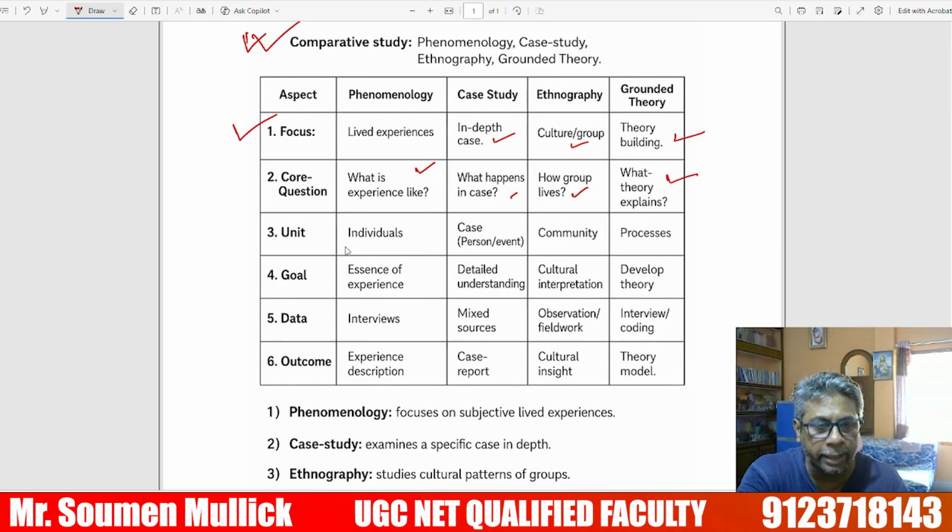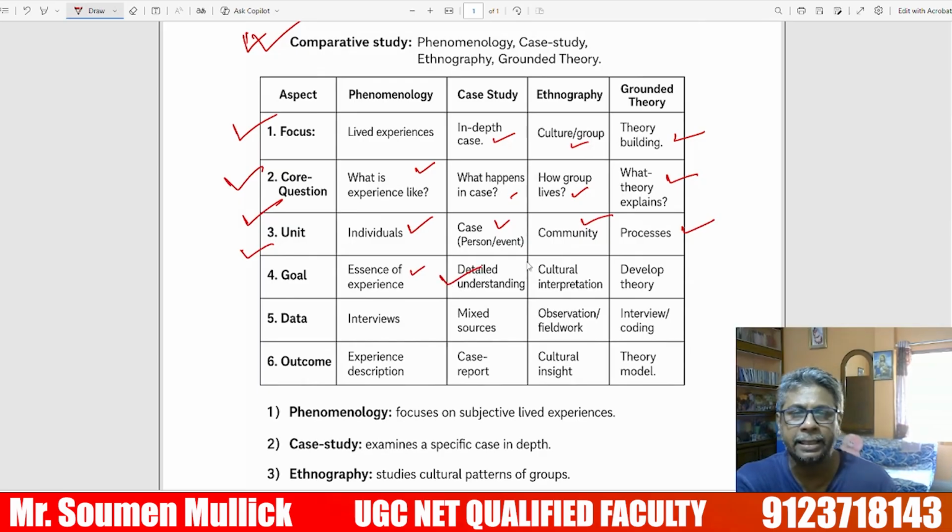In the case of unit, phenomenology is the individual, case study is the case, person or event, ethnography is the community, grounded theory's main unit is the process. Goal of phenomenology is the essence of experience. Goal of case study, detailed understanding. Goal of ethnography is cultural interpretation. Goal of grounded theory, developing theory.